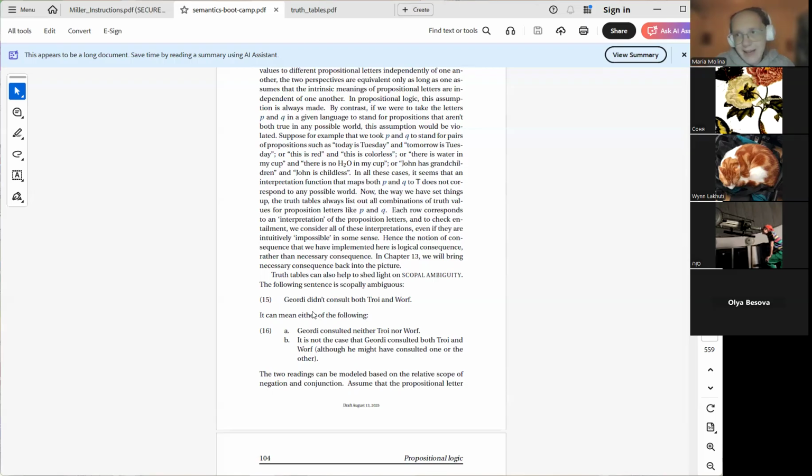One scope reading, A, is it is not required that you leave. Leaving is optional. Permission to stay. Now, you don't have to leave might be it is possible, allowed that you don't leave.